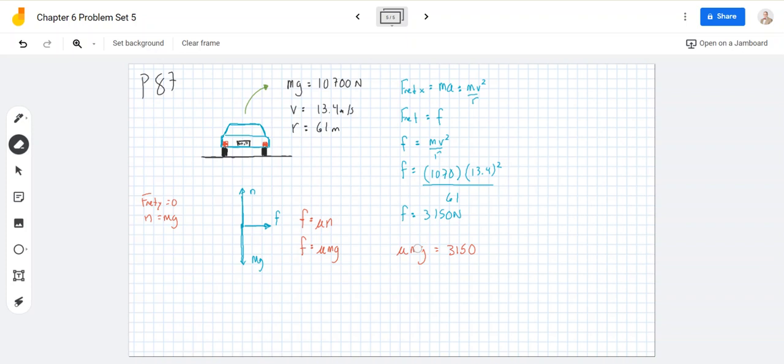Actually, let's not do that. Let's try something else here. I think let's just calculate this friction and then compare it. That'll just be a little bit easier. So the coefficient of friction is 0.35, and then the mg value is 10700.